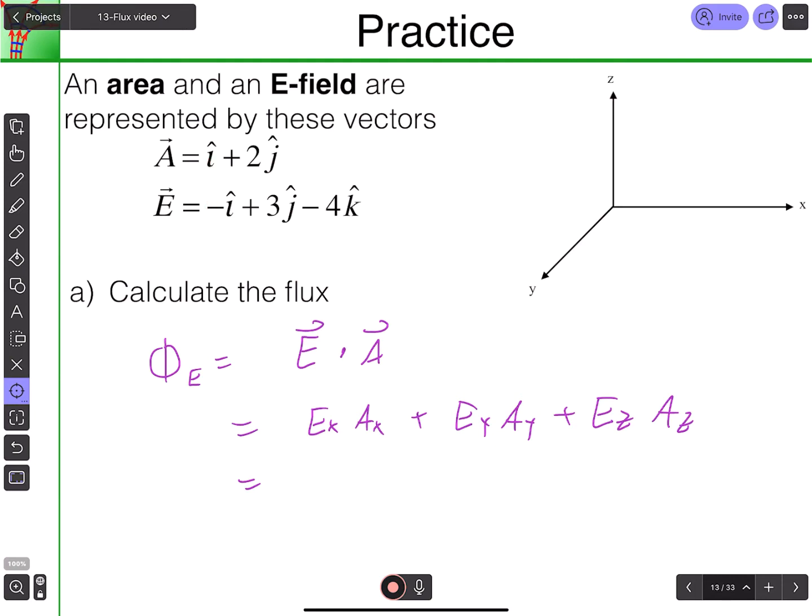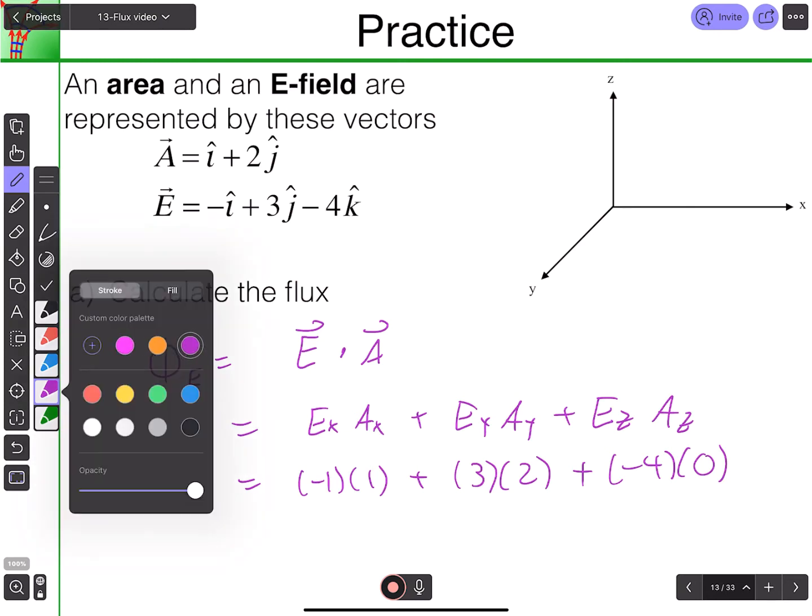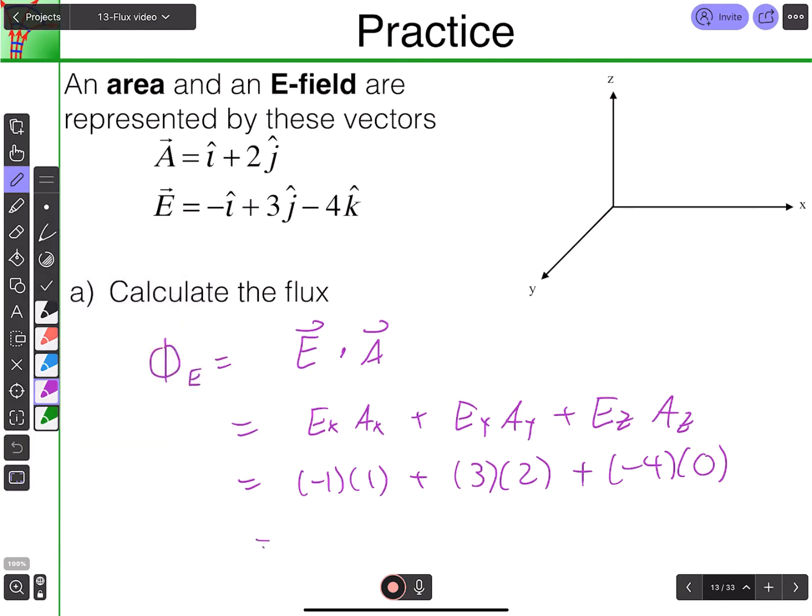It's minus 1 and AX is 1. So it's going to be minus 1, I'll put in the units at the end, times 1. EY, if you look at the value in front of the y component of the electric field, it's 3. And AY is 2. EZ is minus 4. AZ is 0 because there's no z component to the area vector. So we end up with minus 1 plus 6 plus 0, so we end up with minus 5 newtons meters squared per coulomb. How easy is that?